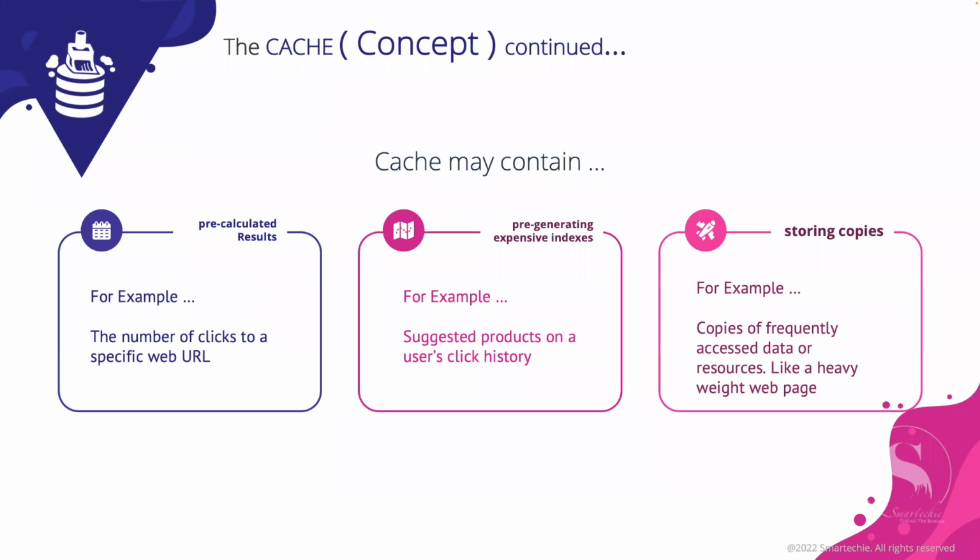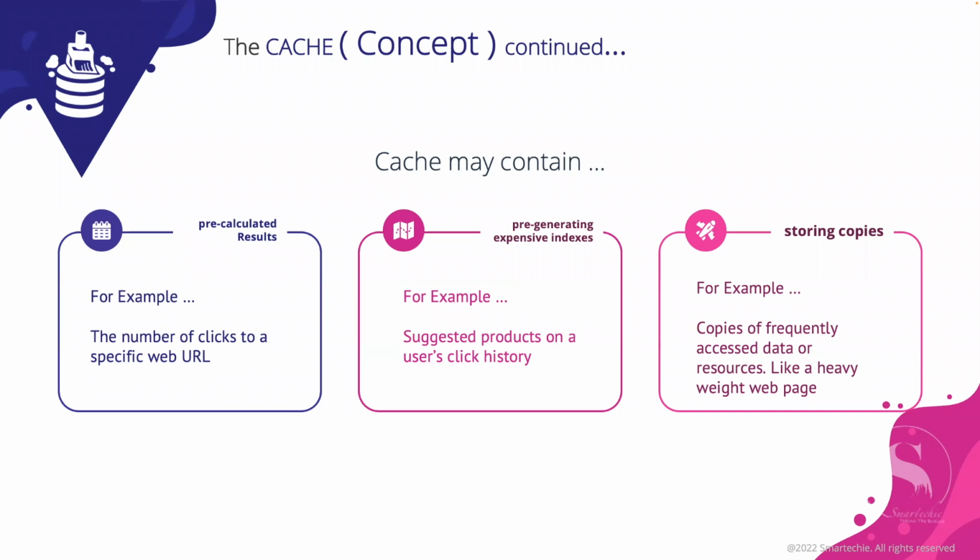And the other one is pre-generating expensive indexes. What cache usually does is keep the history data once the resource is accessed, right? So it will keep holding the history in the cache itself.